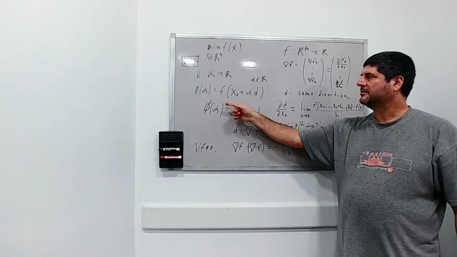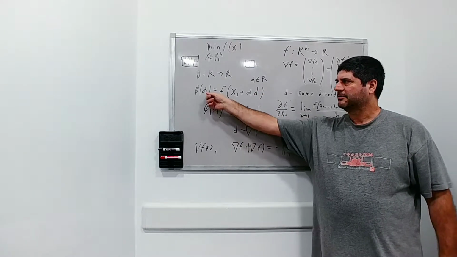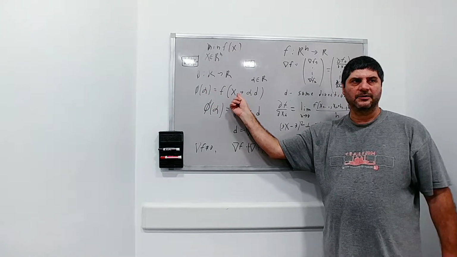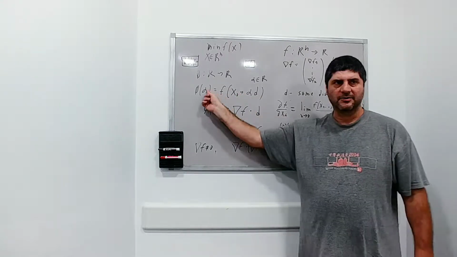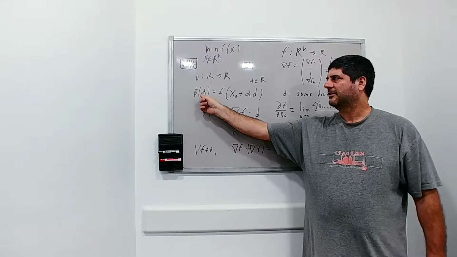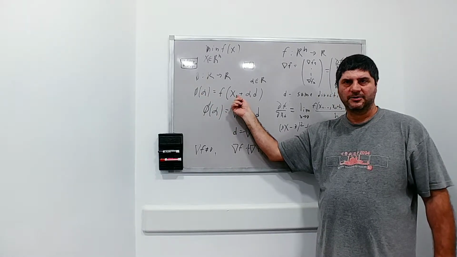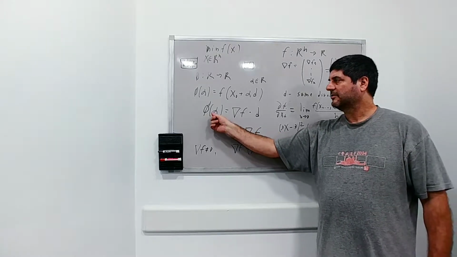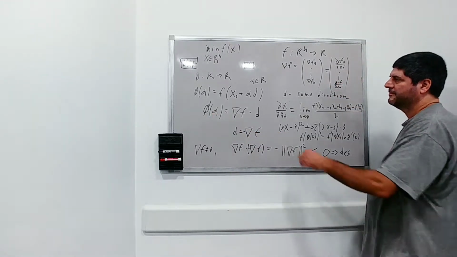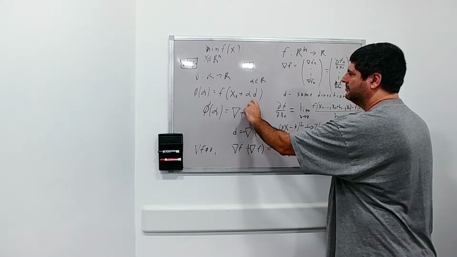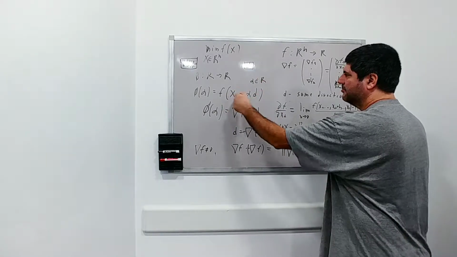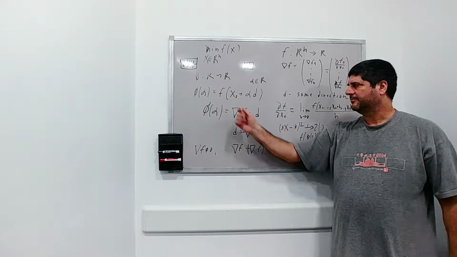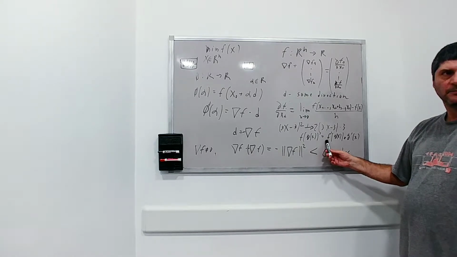So all we need is that the derivative of this function at the point x0 is going to be negative. That's all we're looking for. So what's the derivative of this function? This function is a composition of two functions, so we need to use this rule here.